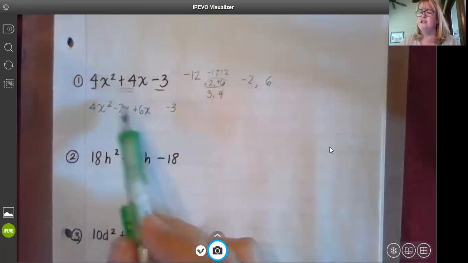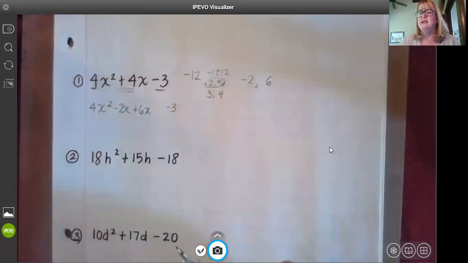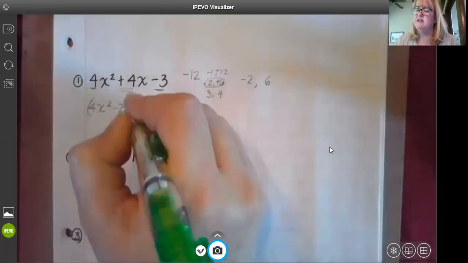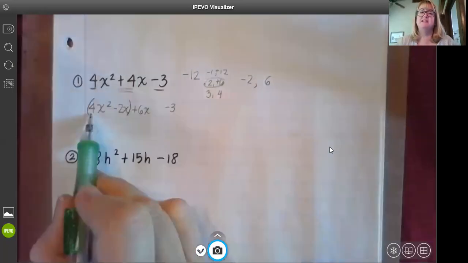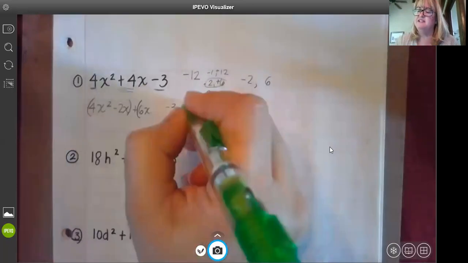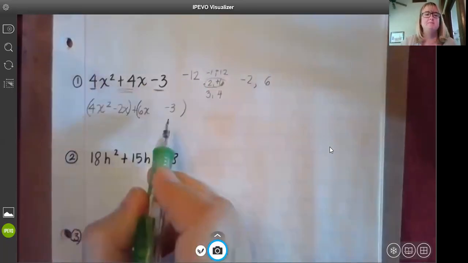I just kind of wrote it in a different way. Now, last week, we did that whole lesson on using the distributive property. When we set it up this way, then we can factor something out of this set of terms, and I can factor something out of this set of terms, okay?